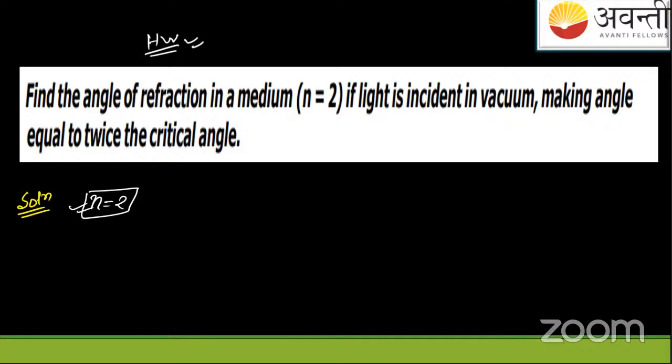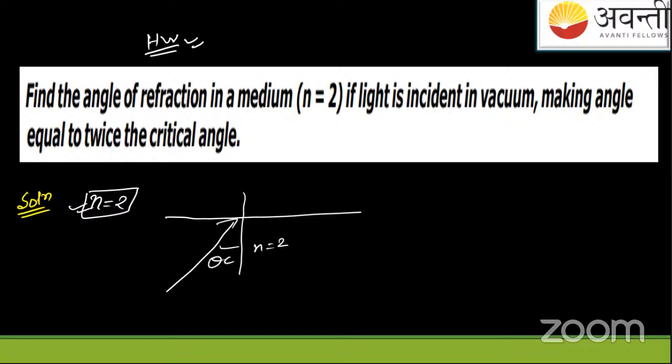Okay. See, find the angle of refraction in a medium n equals 2, if the light is incident in vacuum. First of all, you have to find the critical angle, since it is twice the critical angle. So first I incident this from glass, from this medium, say n equals 2.